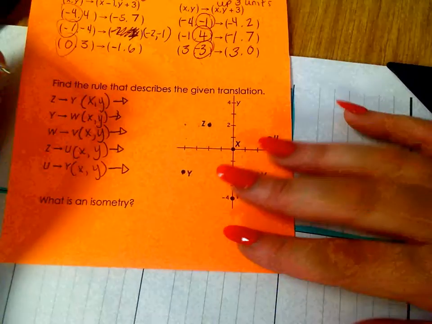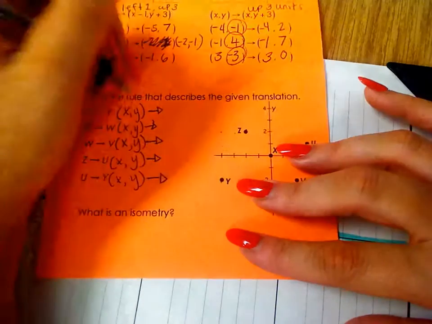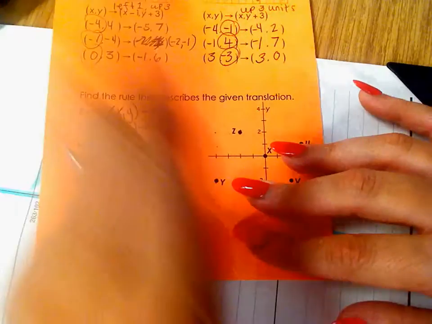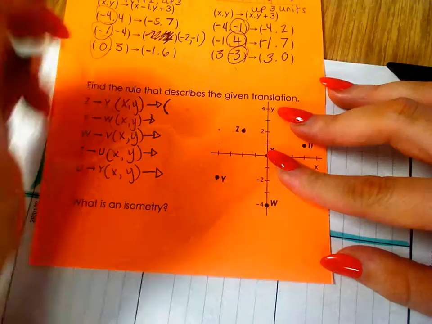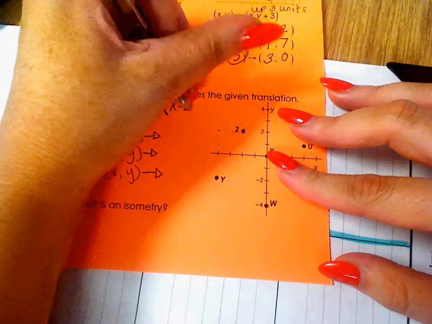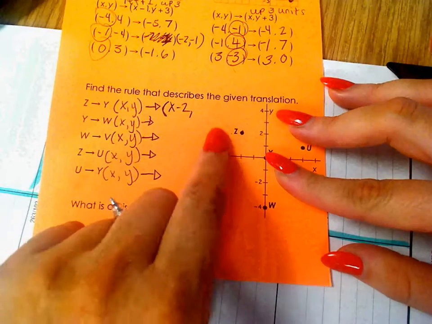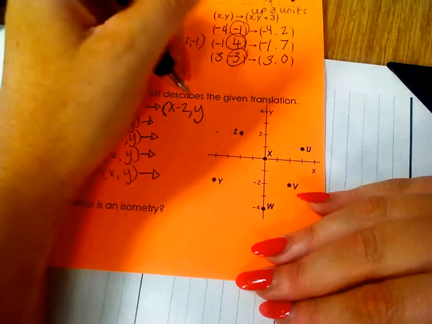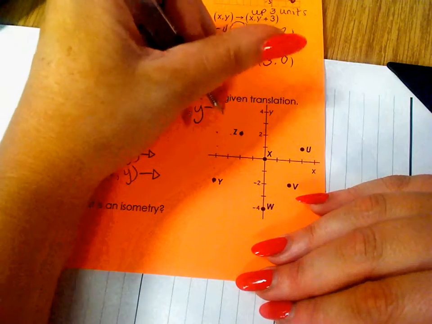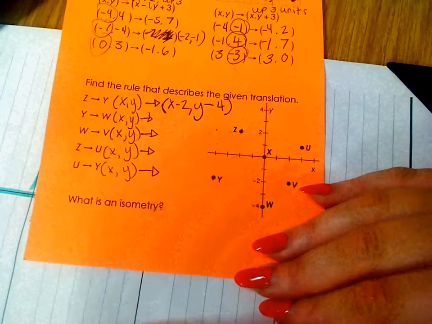So if you go left, that's x, and that's x minus. So left 2 is x minus 2. And then down 4, that's y, and going down is minus. So y minus 4. And that's your rule. X minus 2, y minus 4.